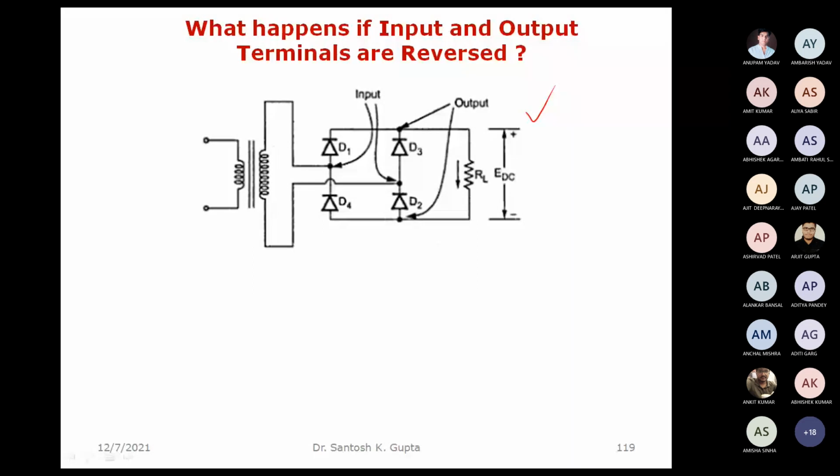Because here in this diagram, what we can see is the input is given between these two terminals, and the output is now taken between these two terminals.